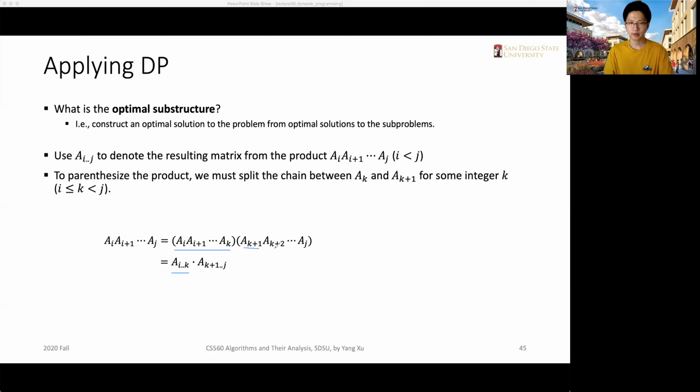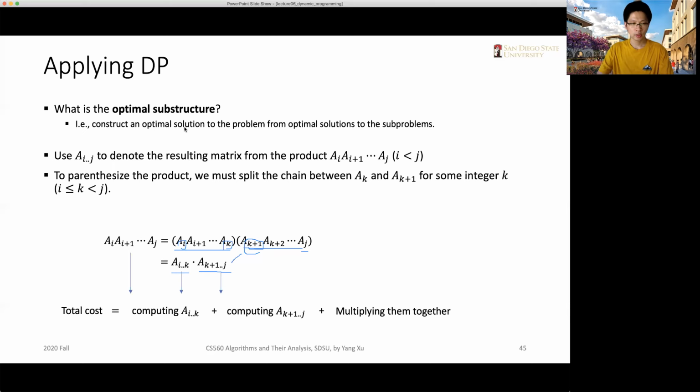And the second subproblem on the right uses the notation of A subscripts k plus 1 to j, right? Because the subscripts start from k plus 1 to j, and the index on the left is from i to k, right? So that is the notation, following the same rules.